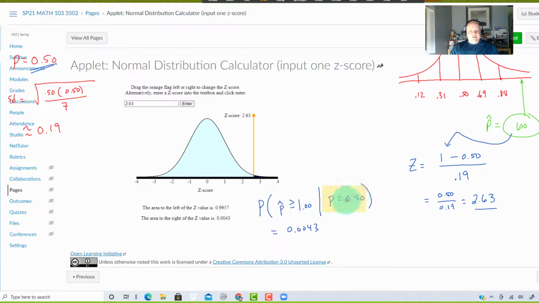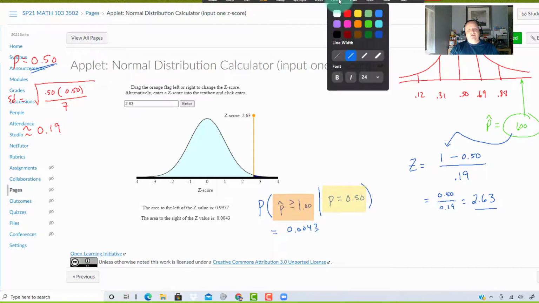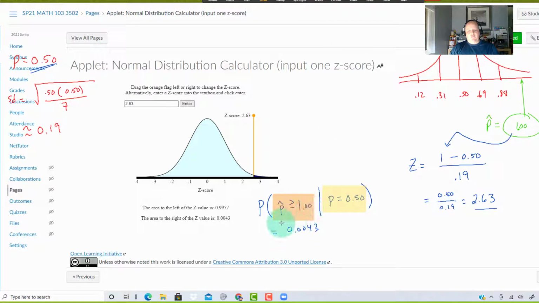So if it was a standard deck of cards, the chances that we would see something that is a z-score of 2.63, which means our p hat of 1 or higher, which we couldn't get higher than 1, but that's how we can write it down, is extremely small. Extremely small. This also gives a lot of weight to you coming back and saying, I've got pretty strong evidence, Mr. Falstrom, that I think you were cheating. I think you weren't using a fair deck.